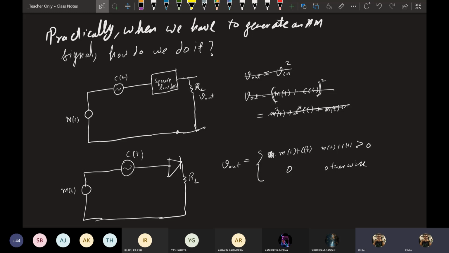Fine. This is how a diode functions. Agreed?